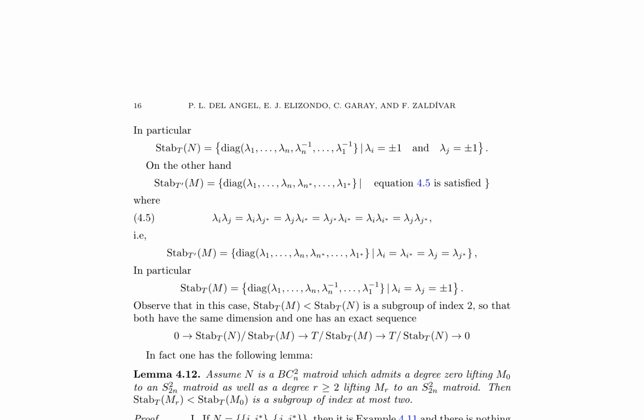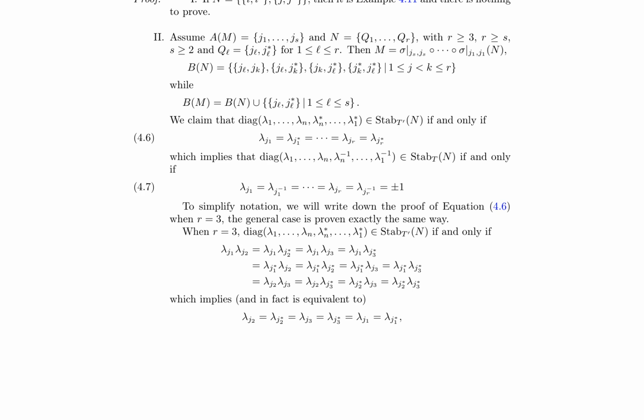Meanwhile, the stabilizer of M, stab T, M, includes additional constraints due to the presence of B, M, equals B, N, union, Jl, for 1 less than or equal to l less than or equal to s.